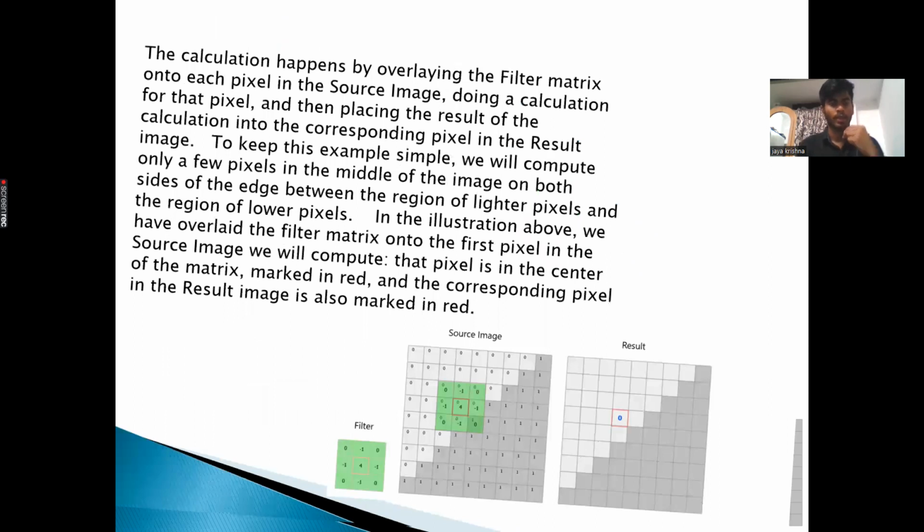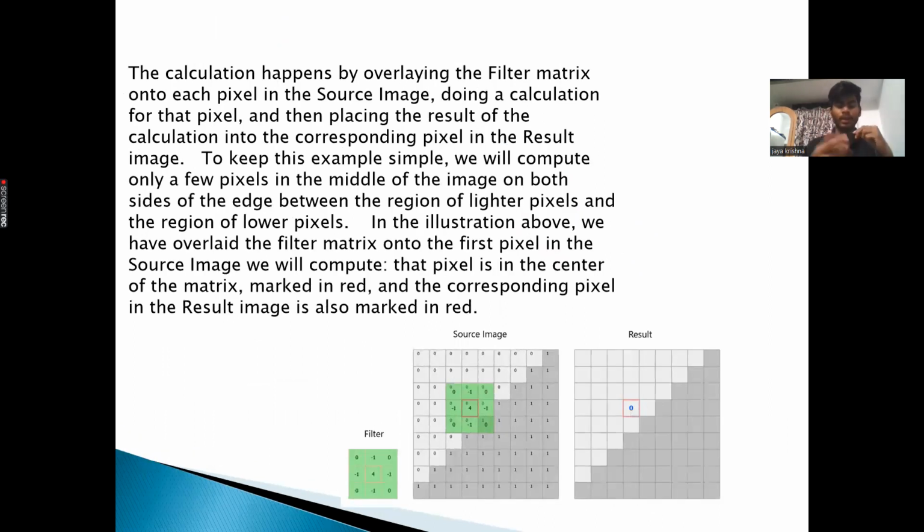Okay, a continuation of an example of the filtration matrices. The calculation happens by overlaying the filter matrix onto each pixel in the source image, doing a calculation on the pixel, and placing the result of the calculation into the corresponding pixel in the result image.